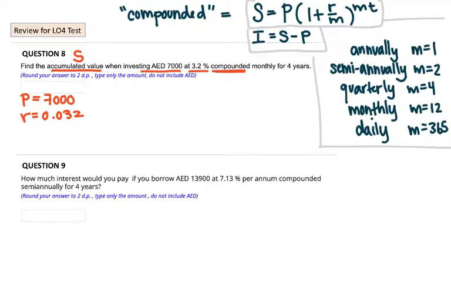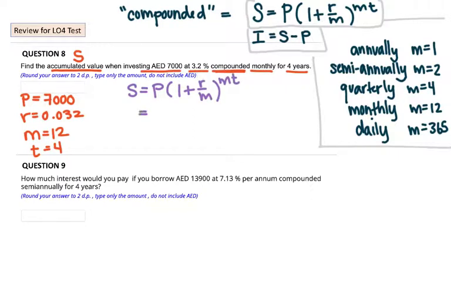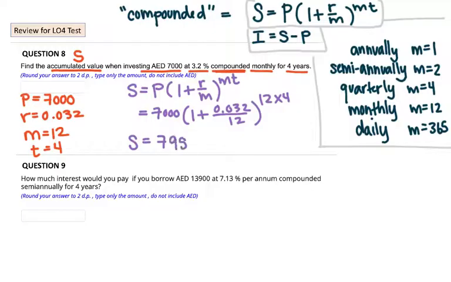So let's keep reading. It said compounded monthly. That means in this case, M equals 12 and time equals 4 years. So we will use this more complicated compound equation, 1 plus r over m raised to the power mt. We will plug in our values, 7,000, 1 plus 0.032 divided by 12 raised to the power 12 times 4, and we get an accumulated value or a future value of 7,954.